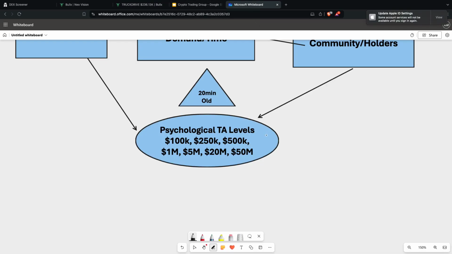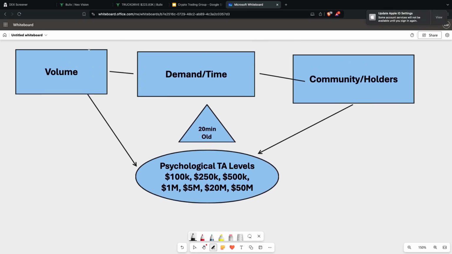The psychological levels are very important. So what you have to do is just know a few basic TA structures. You're obviously going to know the bullish flag, the falling wedge, and all that good stuff. But if you really want to be successful, and if you really want to make money, understand the aspect of volume and how it impacts demand.